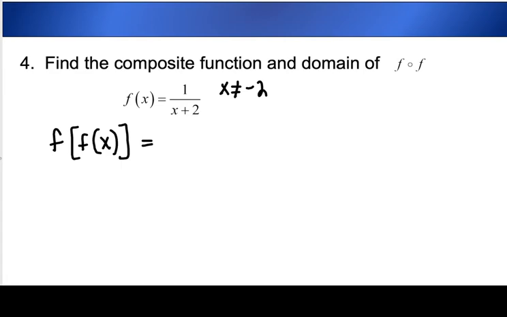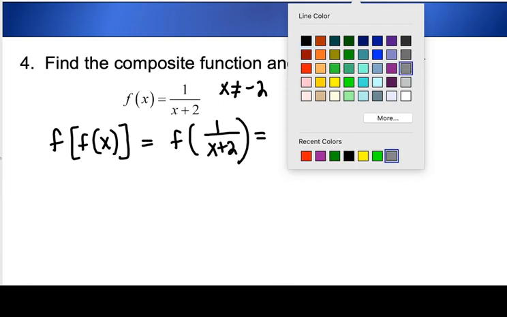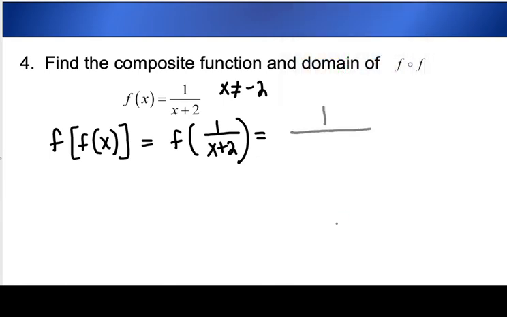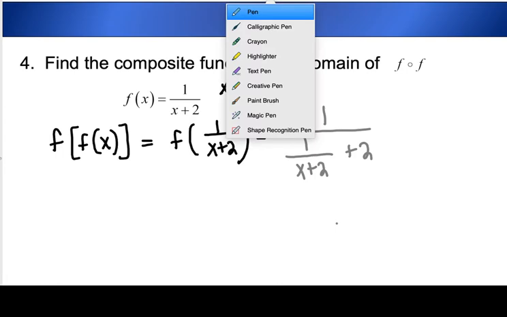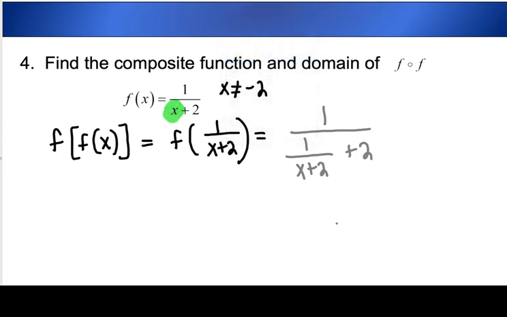So f of f of x is equal to f of 1 over x plus 2. And that is equal to, instead of 1 over x plus 2, it's going to be 1 over x plus 2 plus 2. So everywhere we see an x, we put our new input of 1 over x plus 2.